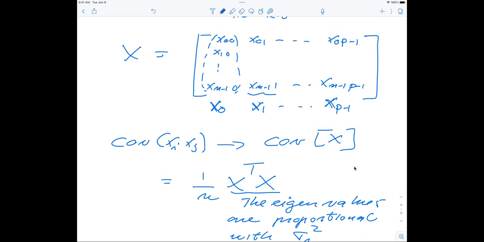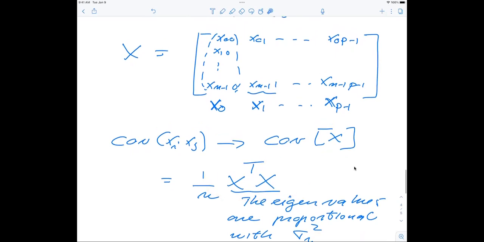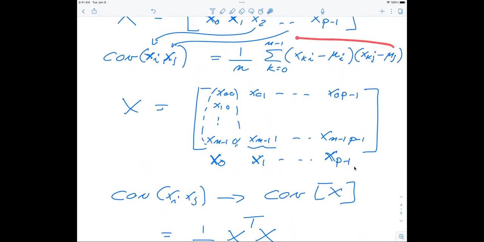If you now look at the diagonal elements of this matrix, without me having set up the matrix elements for you, when you take xi times xi, what kind of quantity is that?